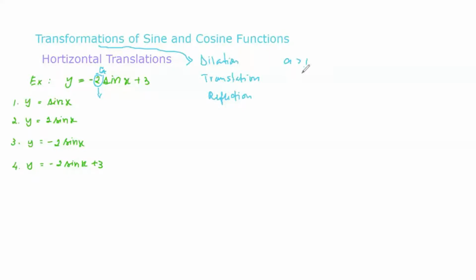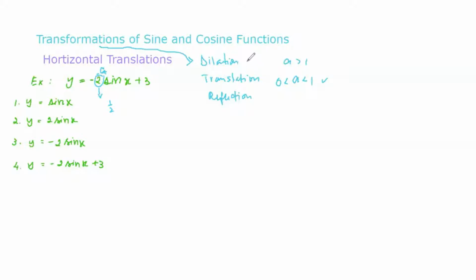If a is less than 1 but greater than 0, that means a is between 0 and 1, so it can be a fraction like 1/2, 1/3, 2/3, 3/5. In the second condition, if a is between 0 and 1, the value of y is going to be smaller.